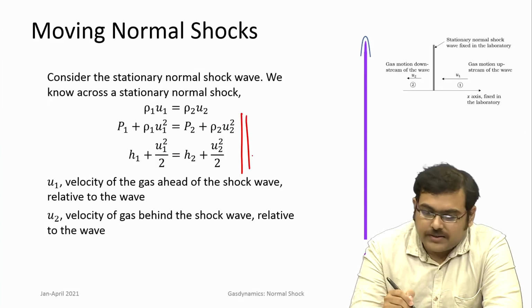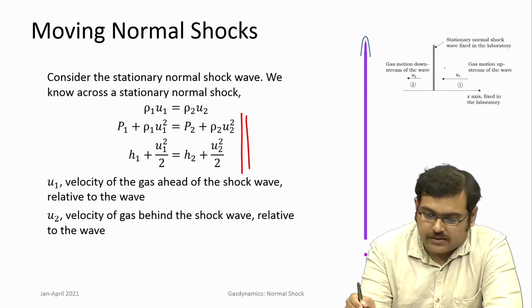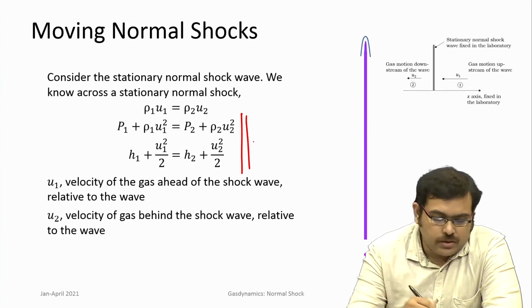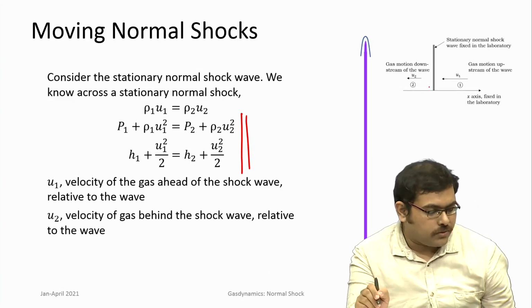So, you can apply the same equations. u 1 is the relative velocity upstream of the shock wave, and u 2 is the relative velocity downstream of the shock wave, relative to the shock. So, that is, you change the frame of reference to the shock.